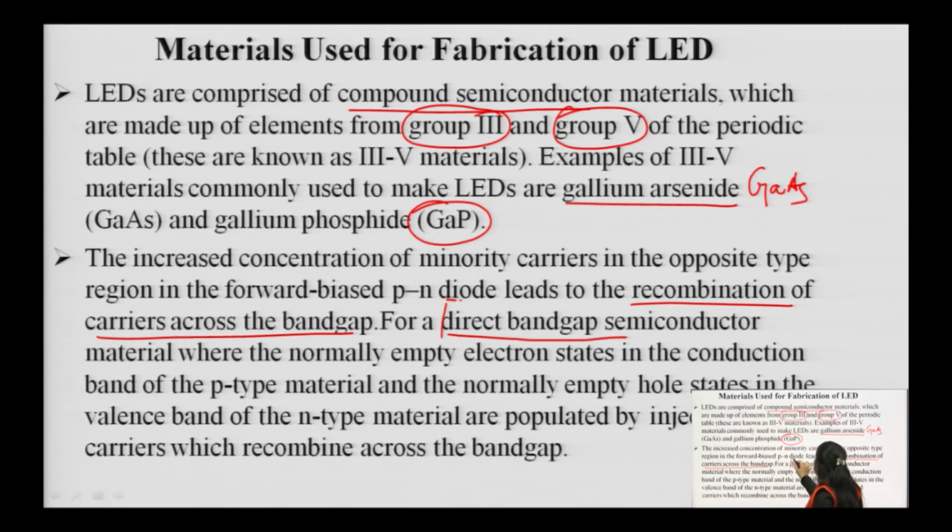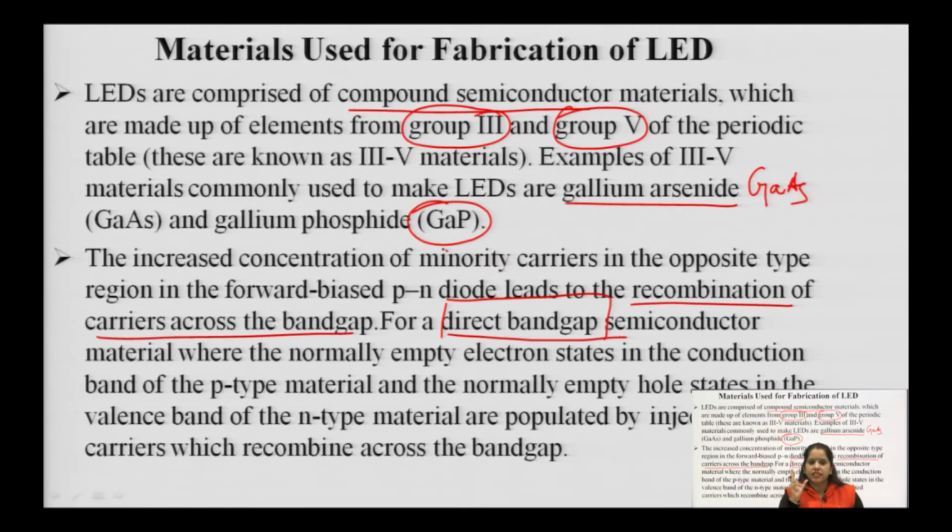As we know, there exist two types of semiconductors, direct band gap and indirect band gap. Direct band gap semiconductors include gallium arsenide and gallium phosphide, so we use these for the fabrication of LEDs, and the indirect semiconductors are silicon and germanium, so they are not used.